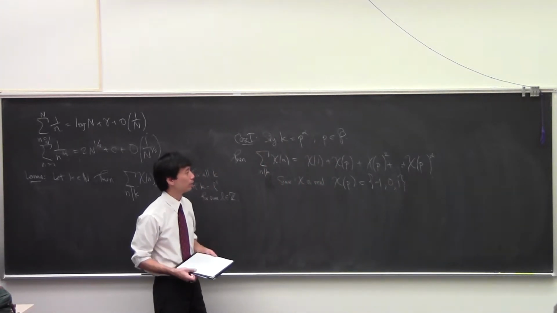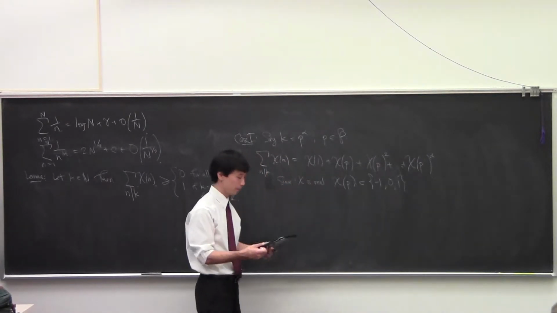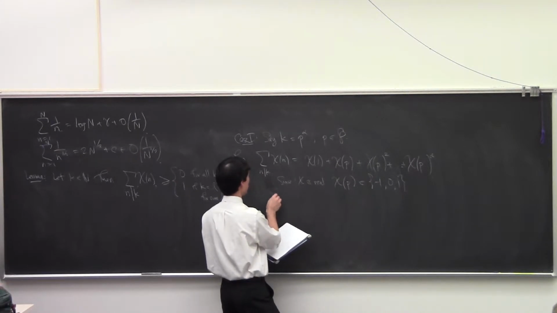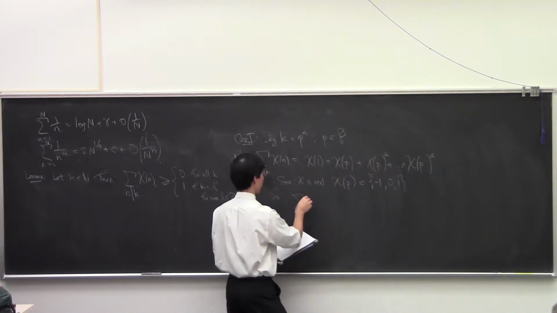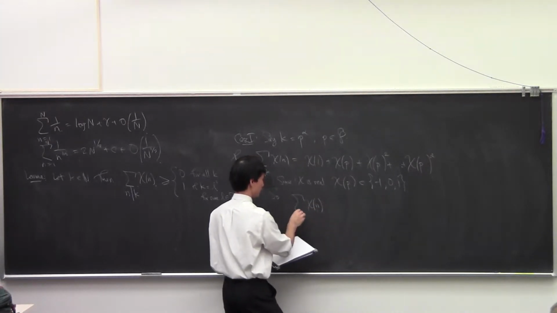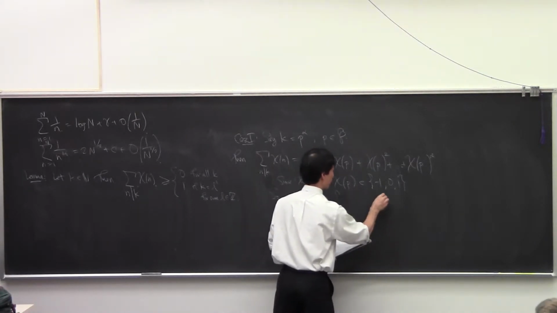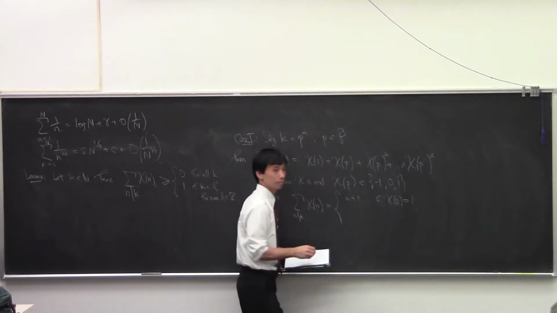So we can figure out what this sum is. If chi(p) equals 1, then we get alpha plus 1.